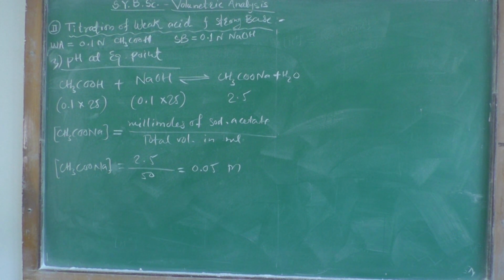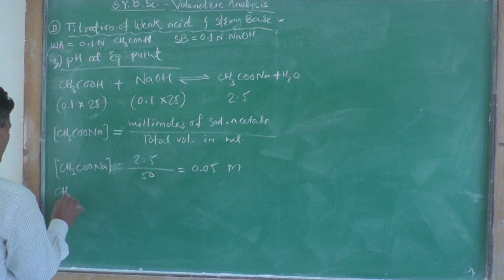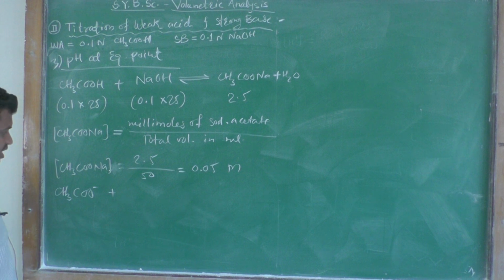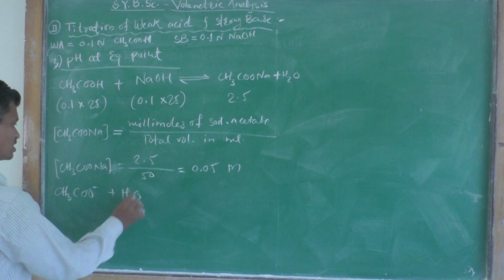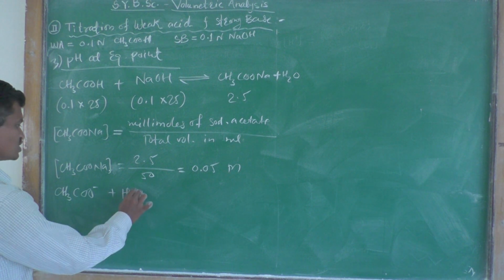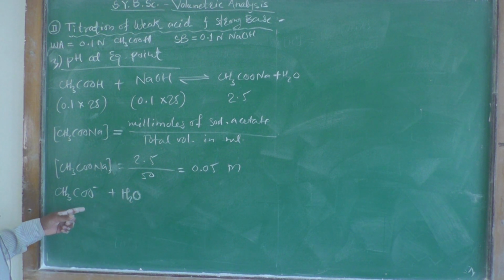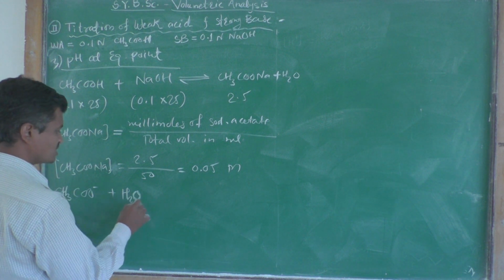Now this sodium acetate, CH3COO minus plus Na plus, undergoes hydrolysis with H2O. All the solutions are aqueous solutions, so water is there, and as it is formed, it undergoes hydrolysis in the presence of water.